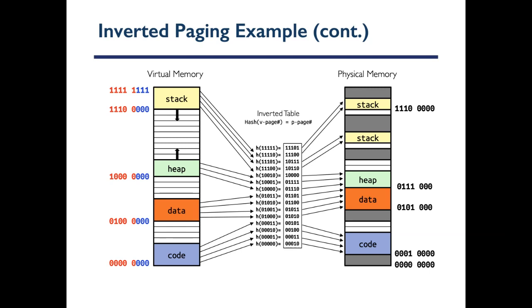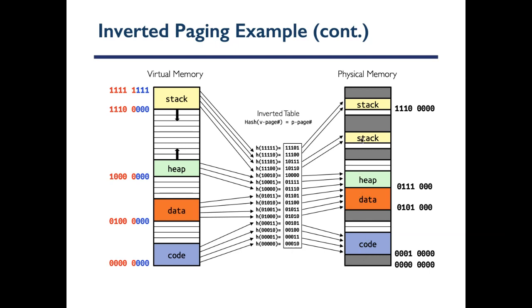But with the hash table, as you can see, with this inverted page table model, the size of my inverted page table is as many as I have allocated so far.